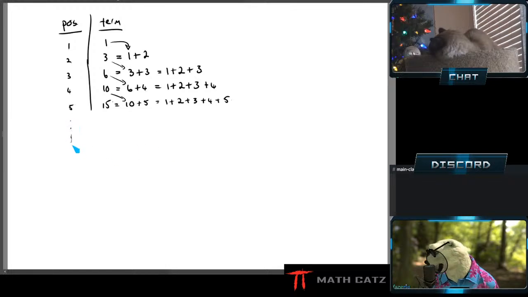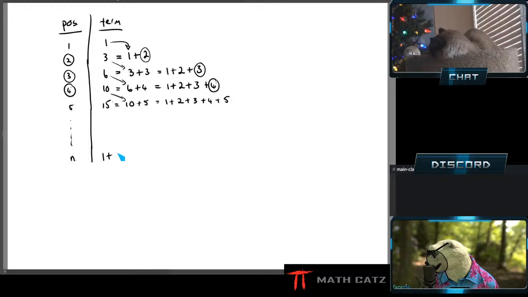Okay. So now if I continue this pattern, which hopefully you all can see, what is now the link between the calculation of the term and the position? I always start at 1. I always add consecutive numbers, 1, 2, 3, 4, 5, 6, 7, 8, however far I go depends on the position. Here I stop at 2, the position is 2. I stop at 3 when the position is 3. I stop at 4 when the position is 4.